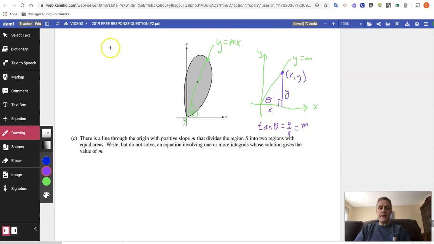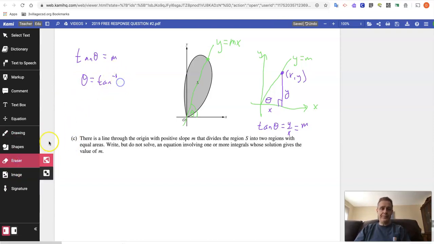And so now we have this connection that the tangent of theta should equal m. And if we want to solve for this angle theta, then we can do that by essentially taking the arctan of both sides of this equation, and we would have that theta should equal the arctan of m.